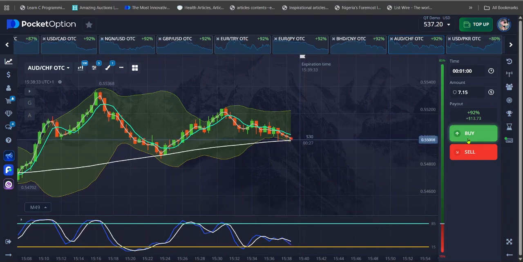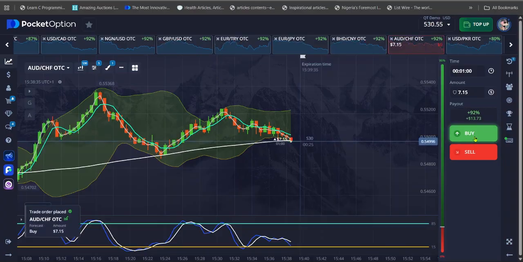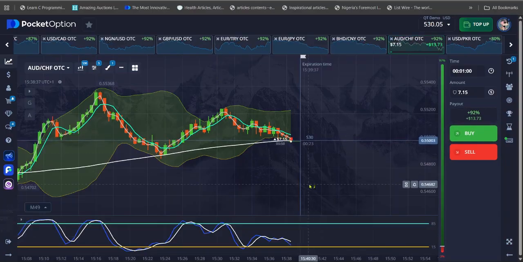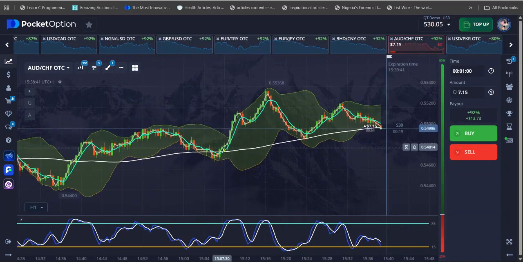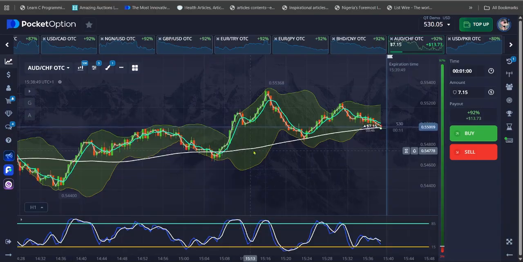I'm going to be taking a buy here. The reason I'm taking this buy is, if we look at the grand scheme of things, anytime it touches this 100 moving average, it always bounces back. You can see touch here, touch here, bounce, which means that this moving average is strong.